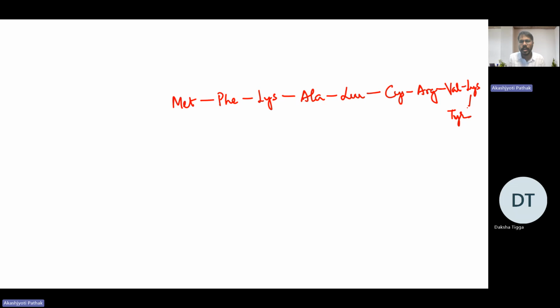That is 1, 2, 3, 4, 5, 6, 7, 8, 9, 10: a 10 amino acid peptide sequence.